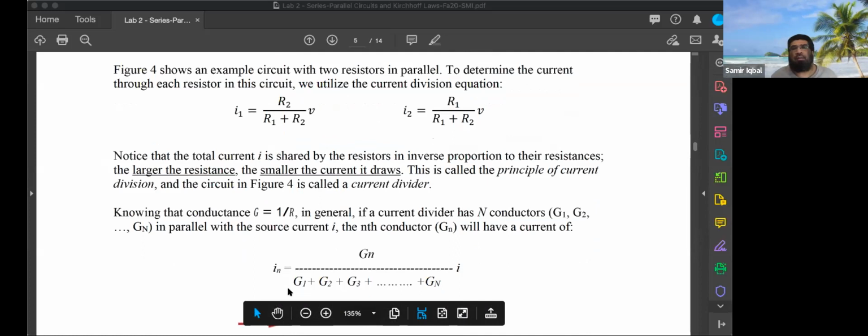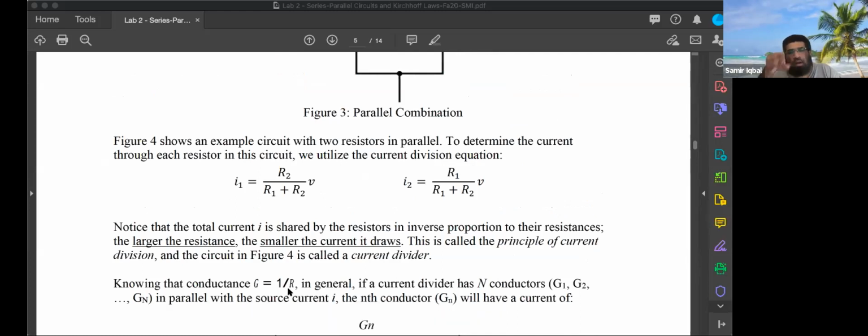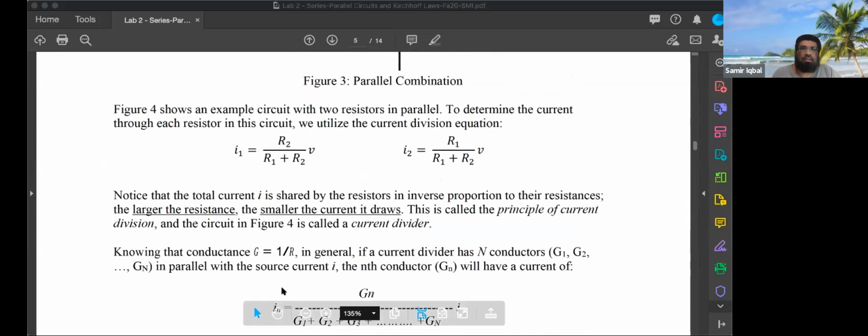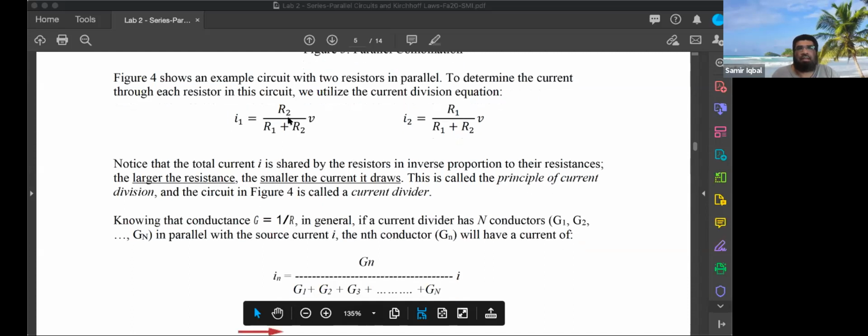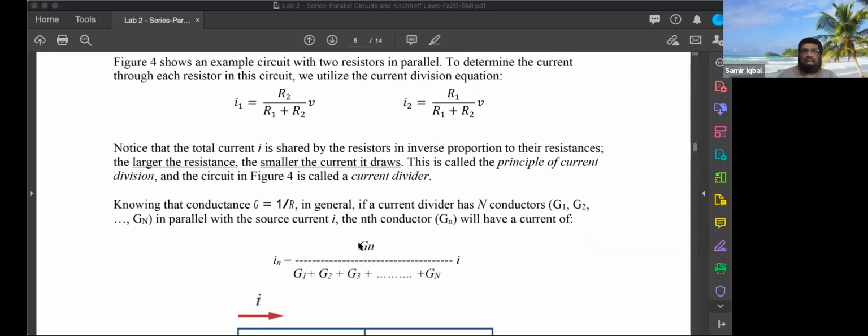So now the reciprocal of resistance is another entity. We call it conductance. Instead of using 1 over R everywhere, we can find G, conductance, which is G equals 1 over R. And we can just use Gn.